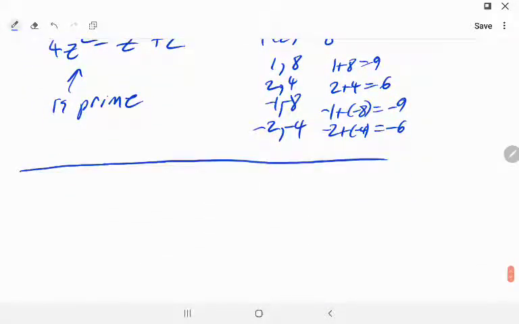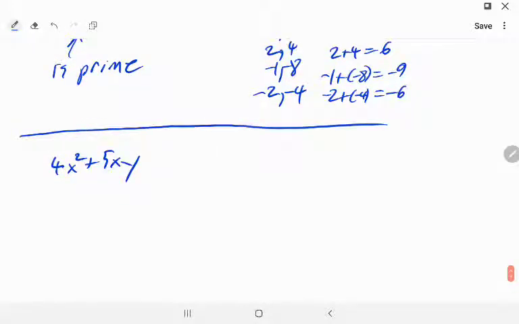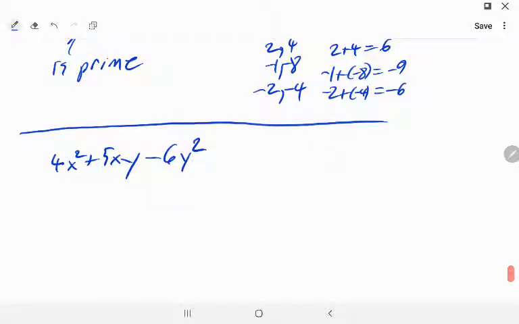We can also have more than one variable. We notice that if we looked at 4x squared plus 5xy minus 6y squared, we typically don't worry about the variables, but you notice we could. We can technically say a times c equals negative 24 x squared y squared, and so we can look for factors of negative 24 x squared y squared that add up to 5xy.